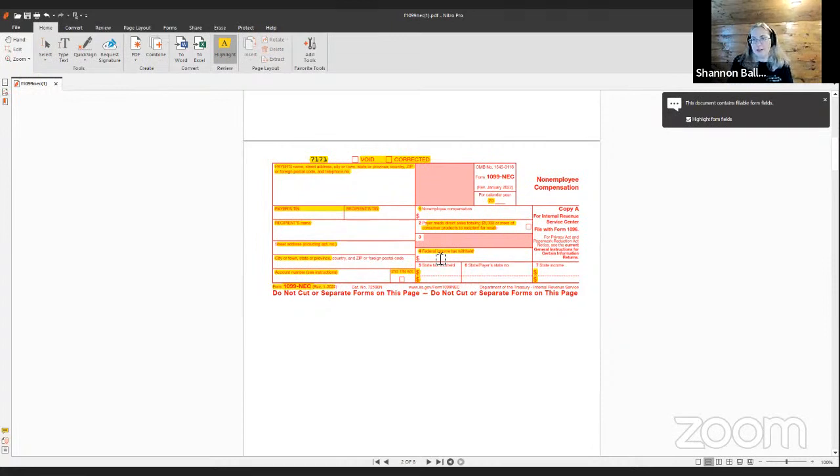One of the situations that jumps out at me is if a recipient did not fill out a W-9, or they filled it out and left off information that you need, or it's not filled out correctly, then you would need to do what we call backup withholding.